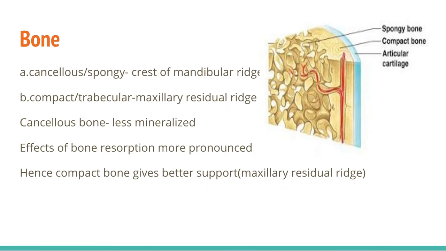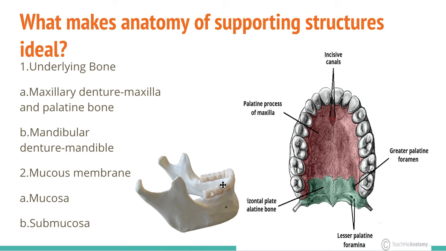The cancellous bone is less mineralized, so the effects of bone resorption are more pronounced, which is why we prefer compact bone to give a better support. This is why the crest of the mandibular ridge is not a supporting structure, whereas the crest of the maxillary ridge is a supporting structure, but not a primary supporting structure. It's a secondary supporting structure because it is still prone to resorption.